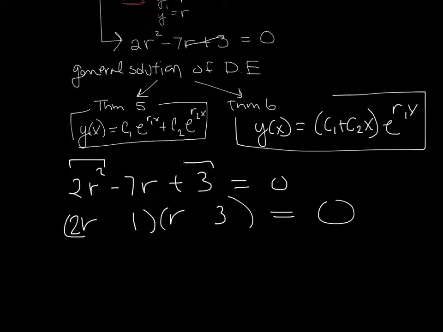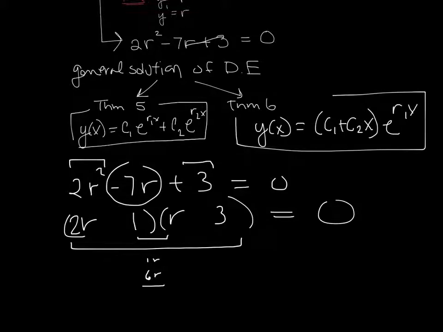1 times 3 is 3. One of the tricks is inner, outer. 1 times r is 1r. 2r times 3 is 6r. And will I ever get a negative 7r? Well, yeah, if both of these are negative, so I know I'm going to insert these negatives. And if you want to FOIL to check, please feel free.